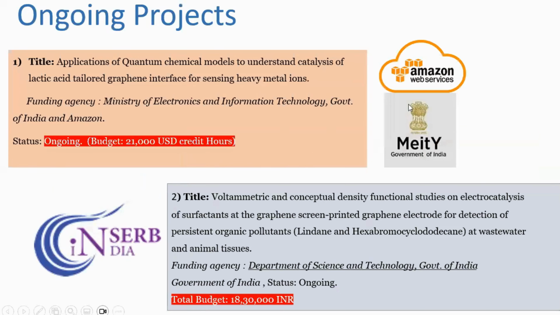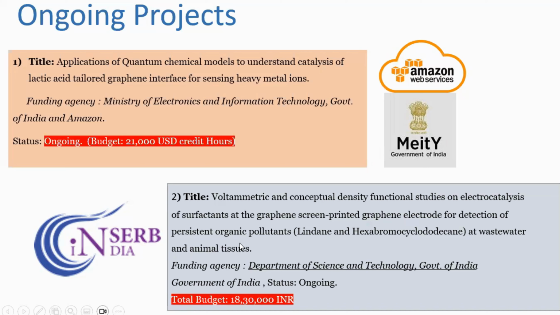And then we got one project from the Ministry of Electronics and Information Technology. This is a joint project with Amazon Web Services and MIT, Government of India, for developing quantum chemical models to understand the catalysis of lactic acid tailored graphene surface for sensing heavy metal ions.